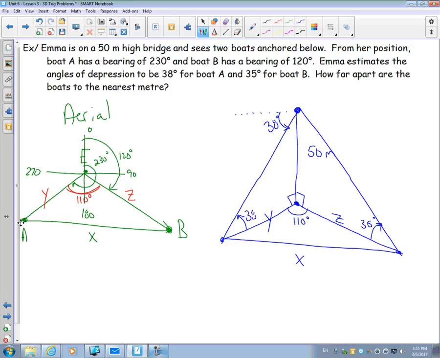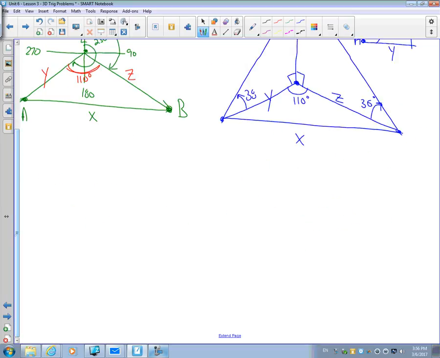But I need to think of those side triangles. I'll just draw one here just so we can all agree on what that looks like. 38, y, bridge, 50 meters high, boat A. Then I can solve for y and z and use those two to get x. So how am I going to solve for y and z? I'm going to have to use tan. So the tan of 38 equals 50 over y.